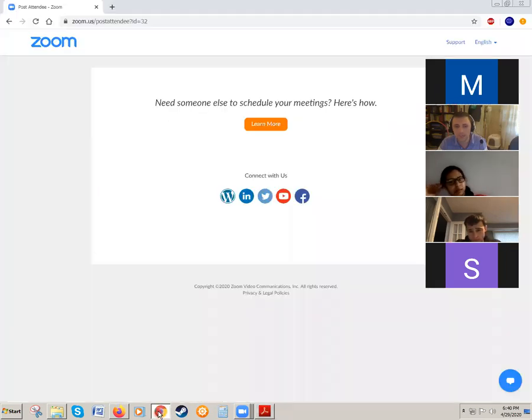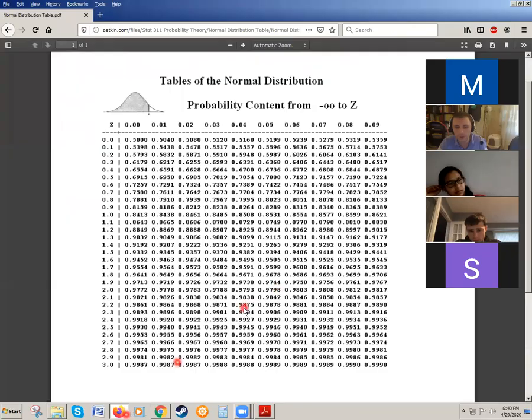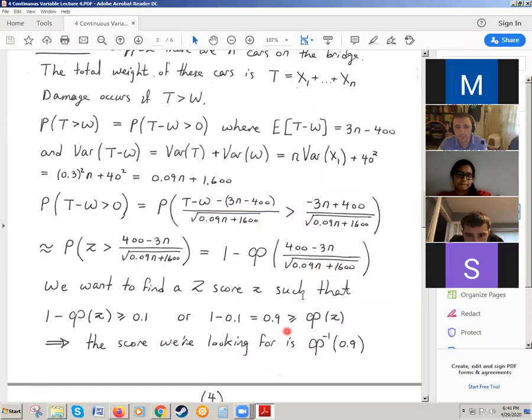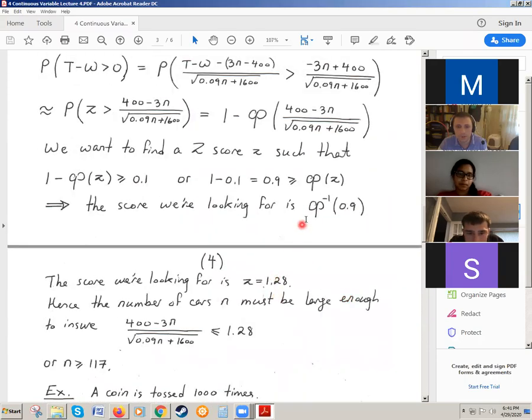Somewhere over here, those values are roughly 0.9, and I see the corresponding z-score. The corresponding z-score is 1.28.